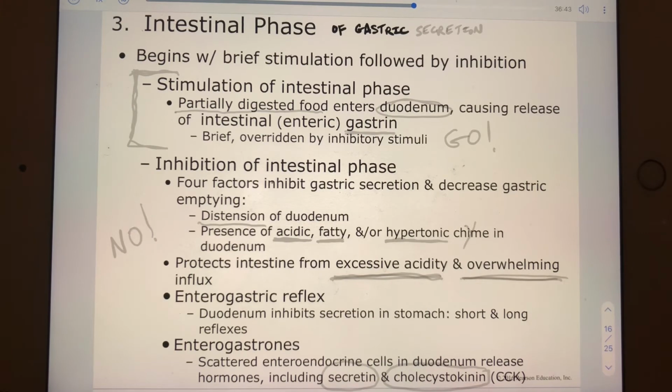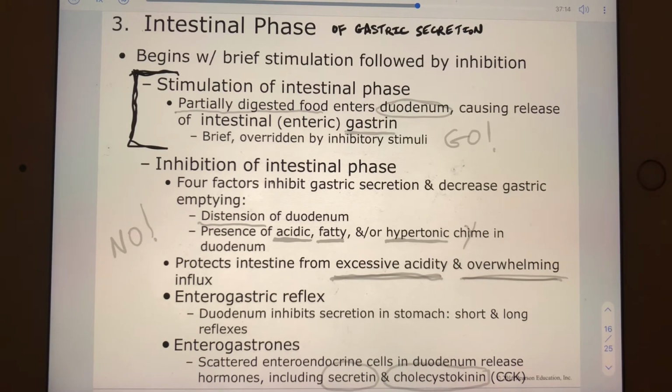The stomach. Okay. And the intestinal phase starts with a stimulatory period that's quite brief and follows up with a more lasting inhibitory phase.